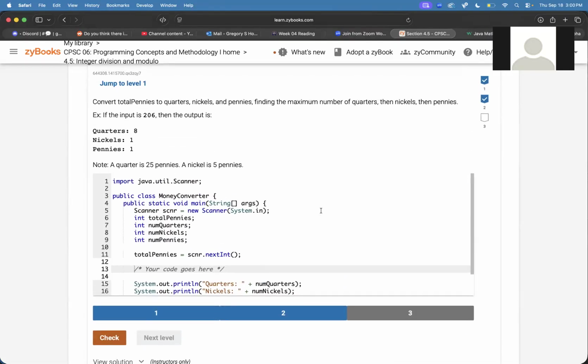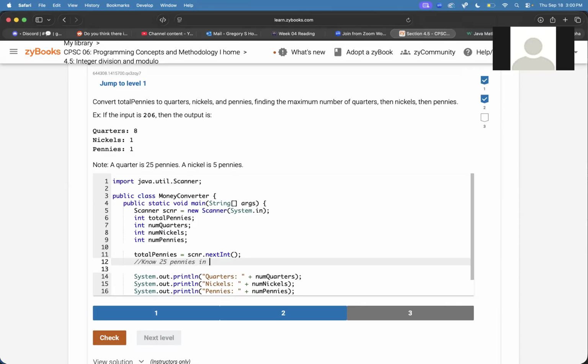This is kind of like the one with hours, minutes, seconds, but now we have to go pennies, nickels, quarters. So in order to do this, you have to think about how many pennies everything is worth. There are 25 pennies in a quarter.